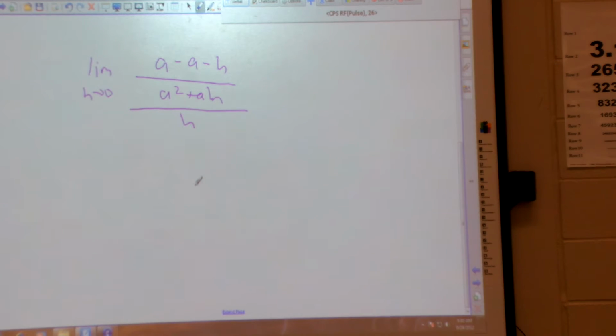You with me there? Yes, no? Cancel. Limit as h goes to 0 of negative h over a squared plus ah. Can we go ahead and cancel? The h's cancel, but you're still left with the negative.